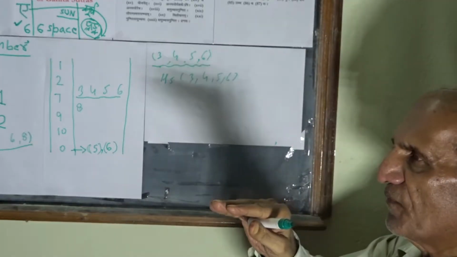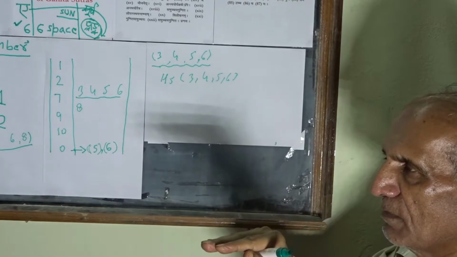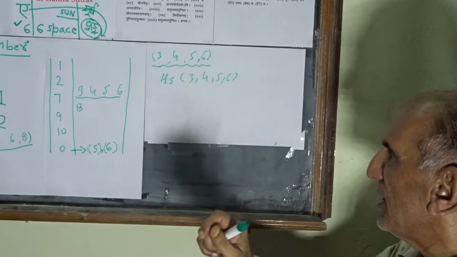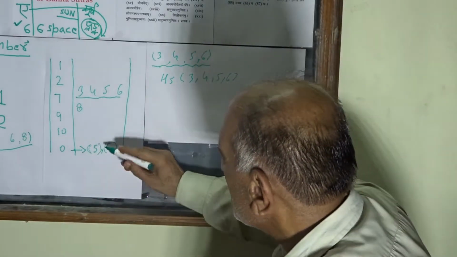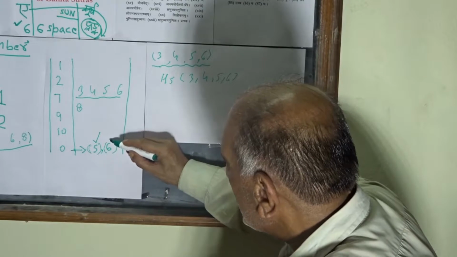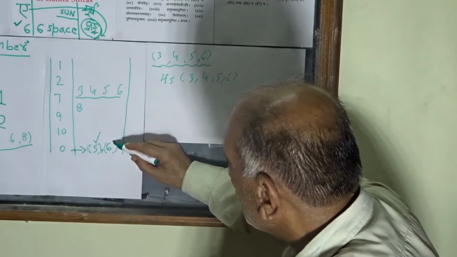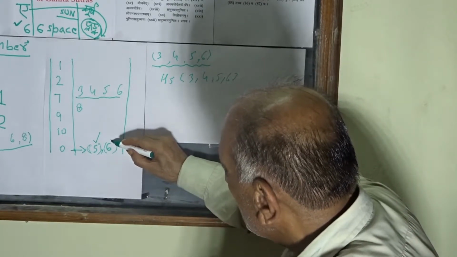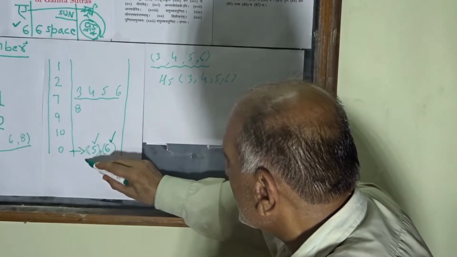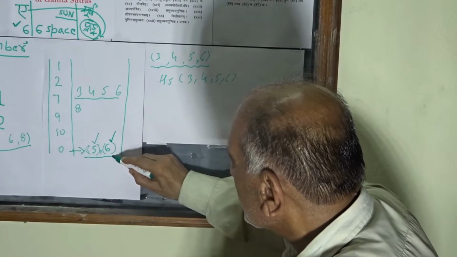Ganita Sutra 5 is Shunyam Samya Samuchay. Shunyam is the formulation which is occurring in Ganita Sutra 5. Likewise, Anurupe Shunye Anyat, Shunya is also the formulation which is marking its presence in Sutra 6.